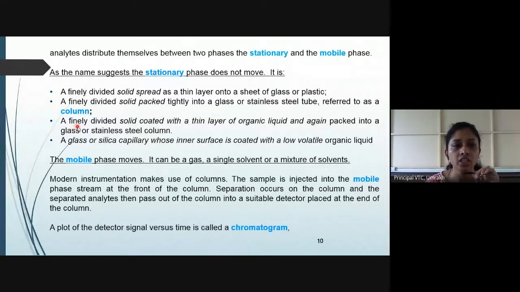Thirdly, the stationary phase can be a finely divided solid which is coated with a thin layer of organic liquid, and afterwards it is packed into a column.